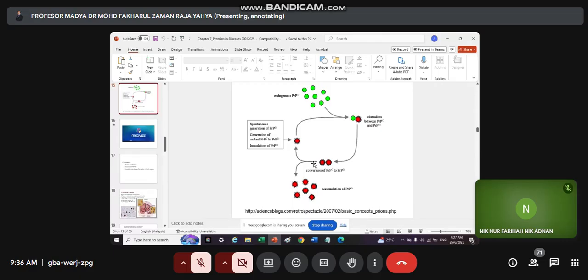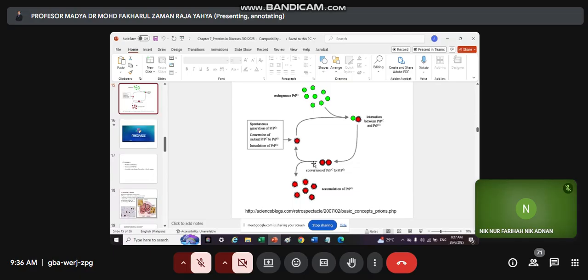You provide not a flowchart, but this image or illustration to show how scrapie prion protein or PrPSc can convert normal PrPC to abnormal ones.